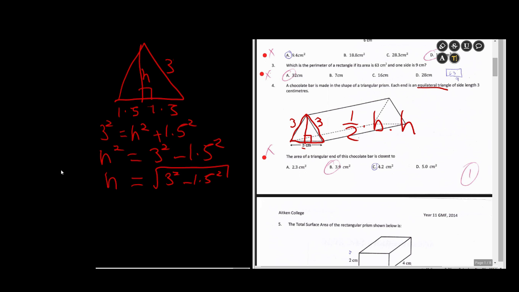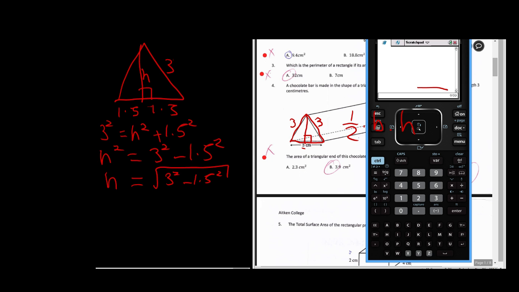Now if we get our trusty calculator out, we can type this in. Right, so to put this formula in now, we can just type it straight in.